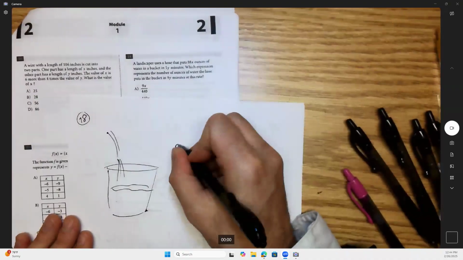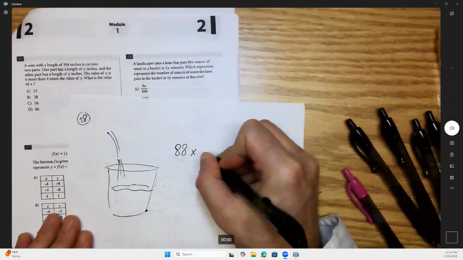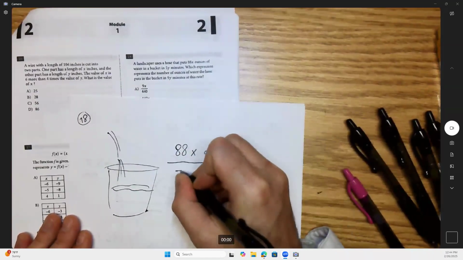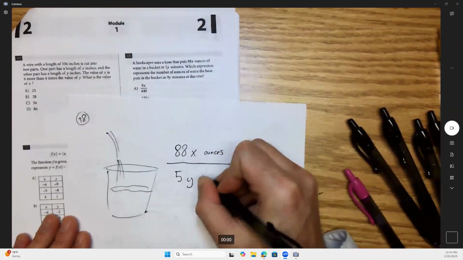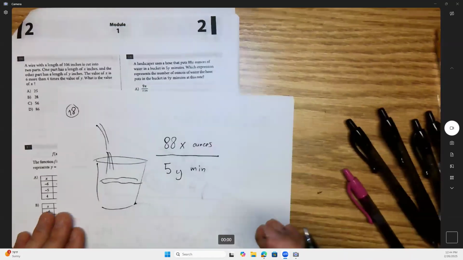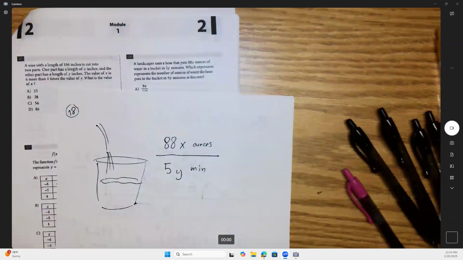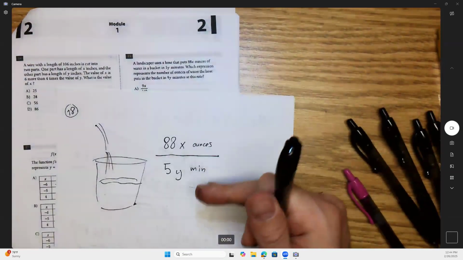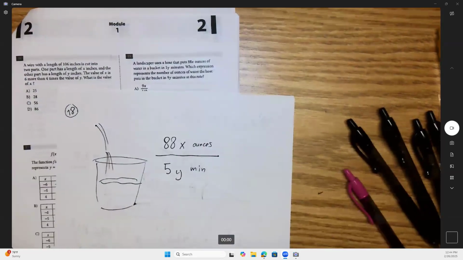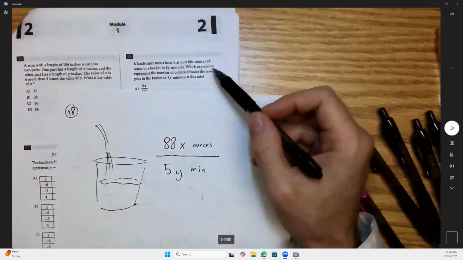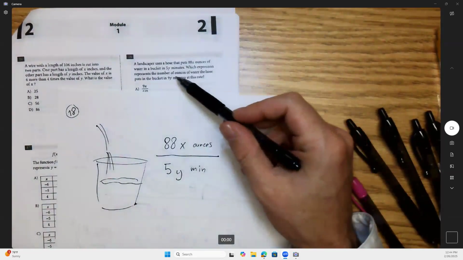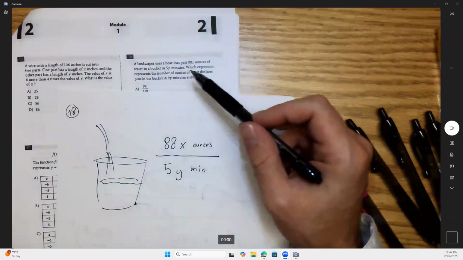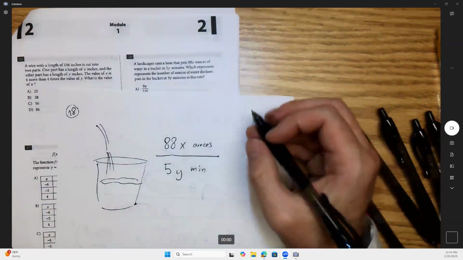And it's putting in 88x ounces every 5y minutes. Now, that ratio should be constant regardless of how much time has passed. This hose is just filling up this bucket, and we'll take this to always be true. That's a proportion. Which expression represents the number of ounces of water the hose puts in the bucket in 9y minutes at this rate?